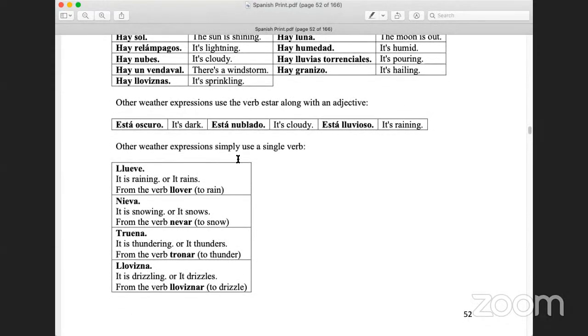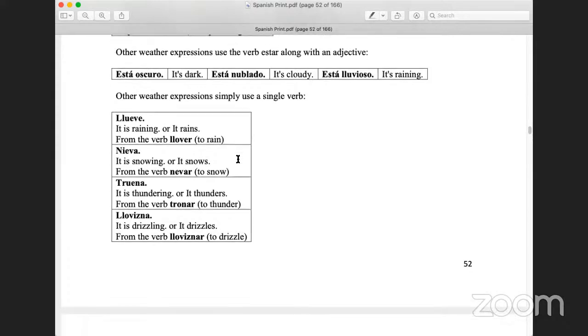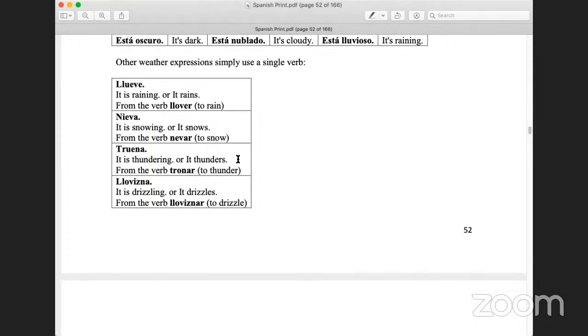Other weather expressions use the verb estar along with an adjective. Está oscuro, is dark. Está nublado, is cloudy. Está lluvioso, is raining. Other weather expressions simply use a single verb. Llueve is raining or it rains, from the verb llover, to rain.